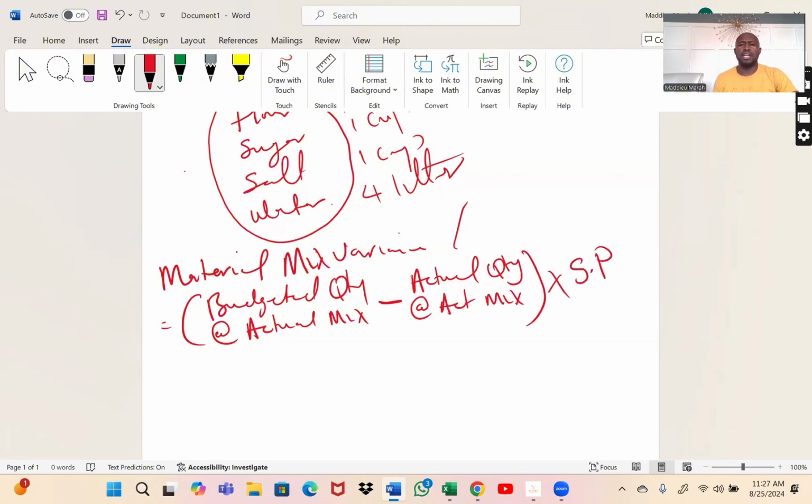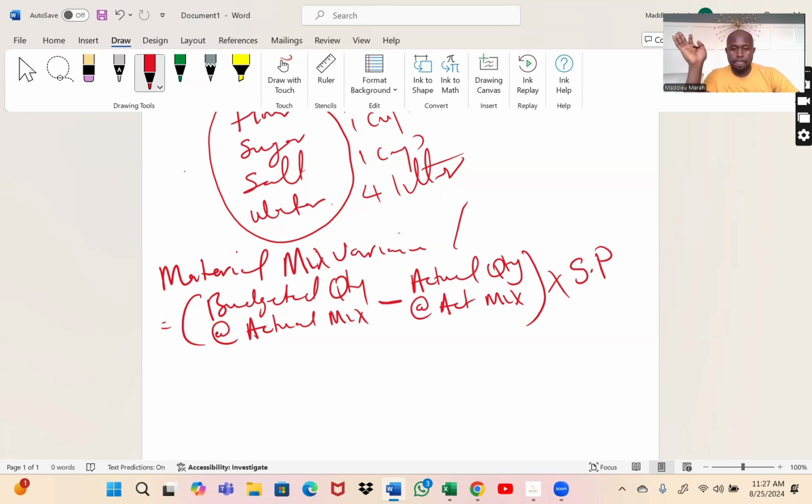I will use this formula to get my material mix variance. Projected quantity at actual mix minus actual quantity at actual mix multiplied by standard price.